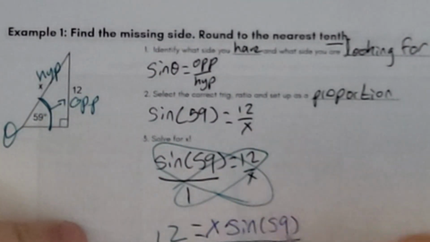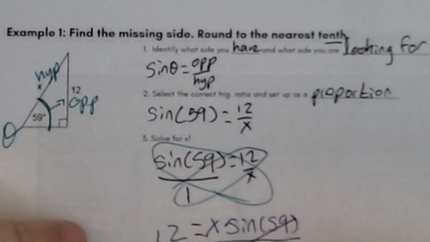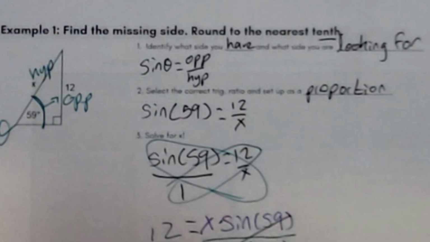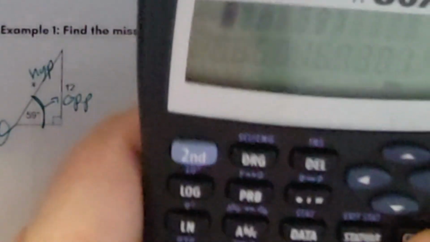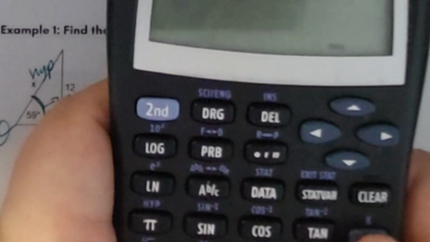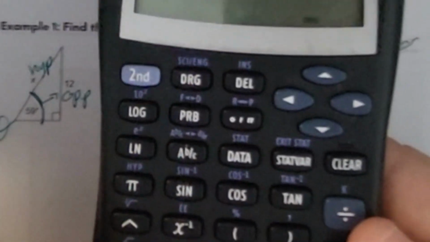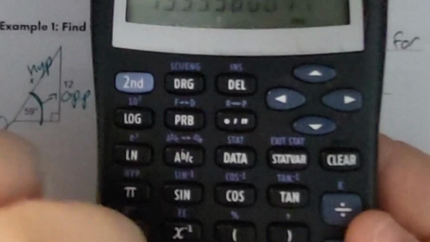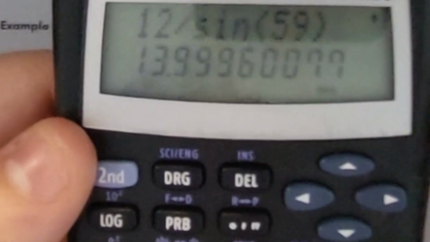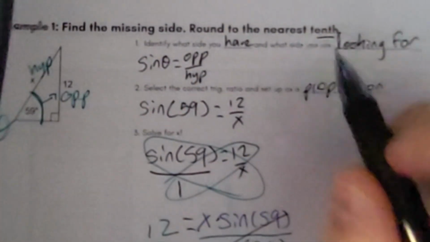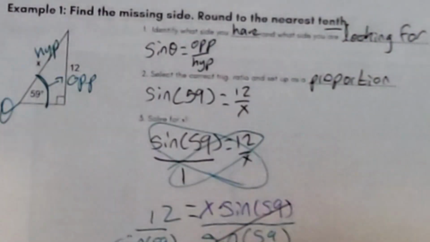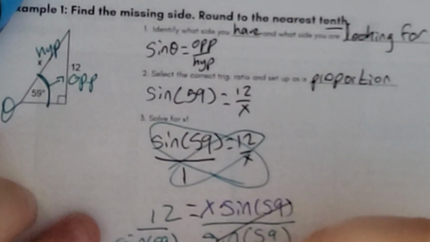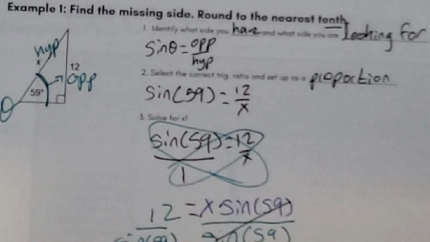The sine of 59's over here cancel, leaving us with x equals 12 over sine of 59, which when we plug that into a calculator, 12 divided by sine of 59, close parentheses, enter, we get 13.999, which when we round to the nearest tenths, gives us about 14.0. And we're done. That's all you got to do.